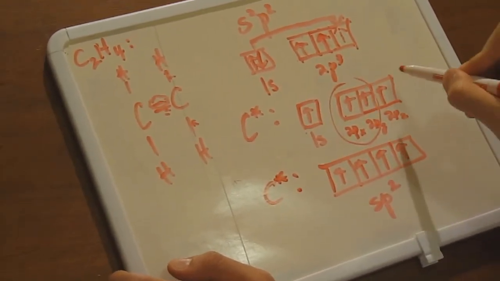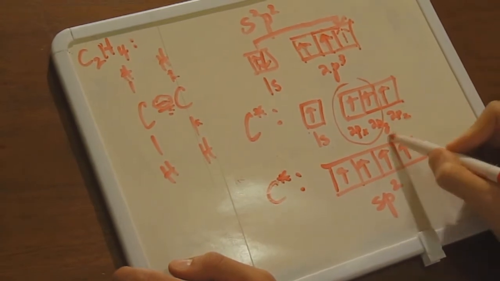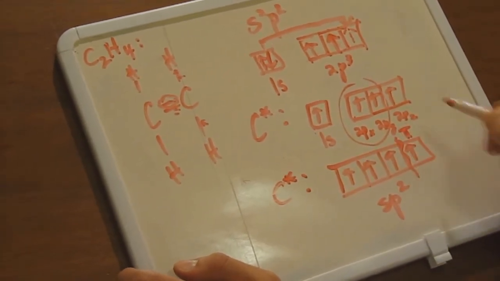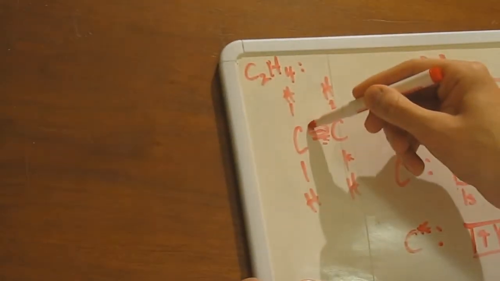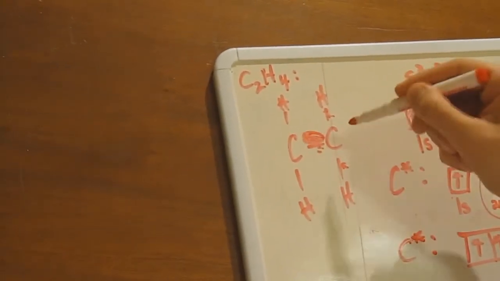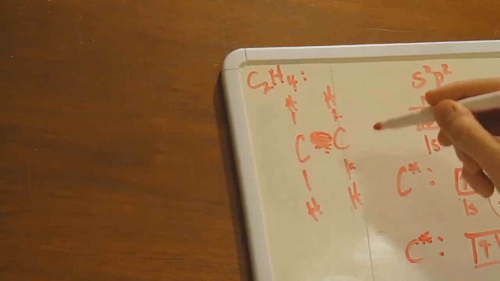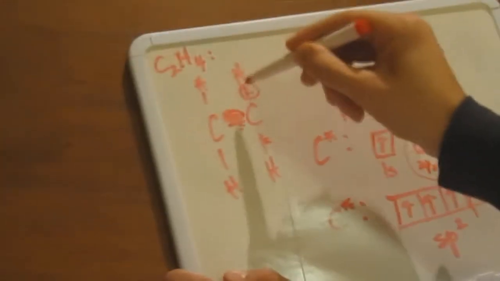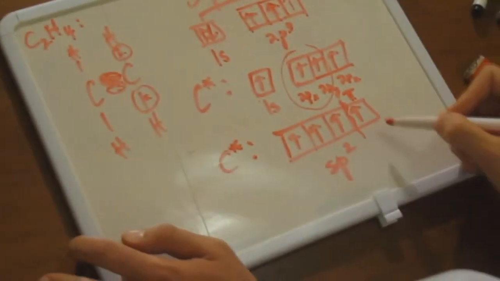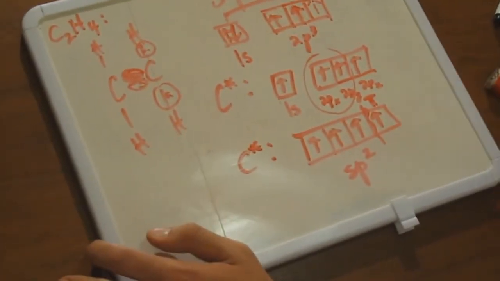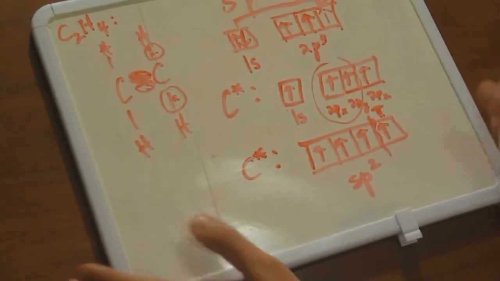The last electron used, we can separate; it's known as the pi bond, because it will be used to satisfy the second bond between the 2 C's, and the other 3 will be used for this bond and that bond. So this is how to hybridize a C2H4 molecule.